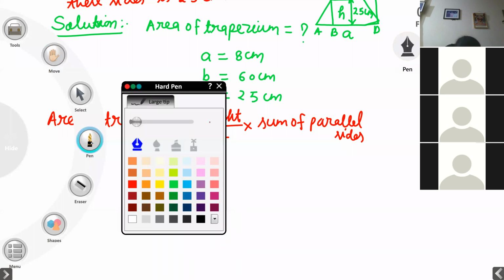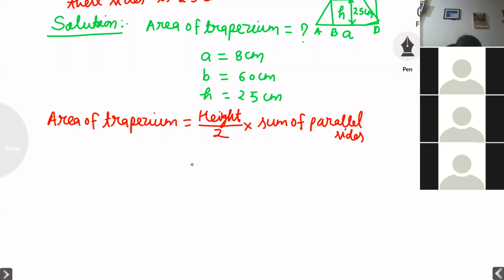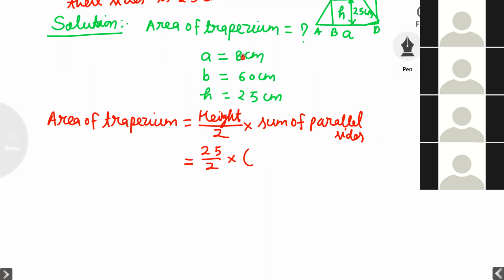I have to substitute the values. Height is 25. 25 by 2 into sum of two parallel sides. First parallel side he has given, A, 80, and second one is 60. 80 plus 60. 25 by 2 into 140.